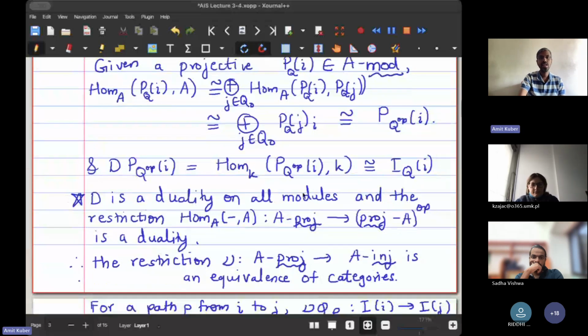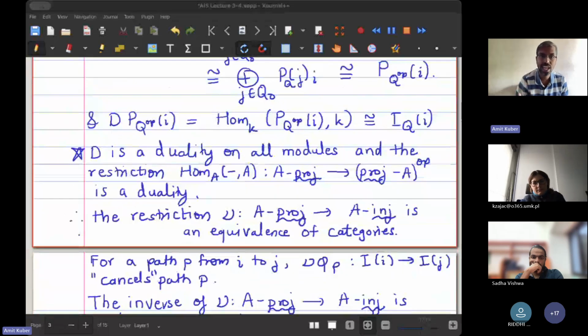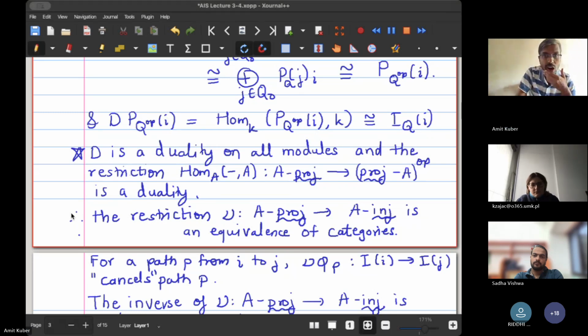So nu is a duality on projectives, and if we are calling it an equivalence of categories, then let's try to understand what it does to morphisms. Let's take a projective module P_i, and the corresponding module is the injective module I_i.